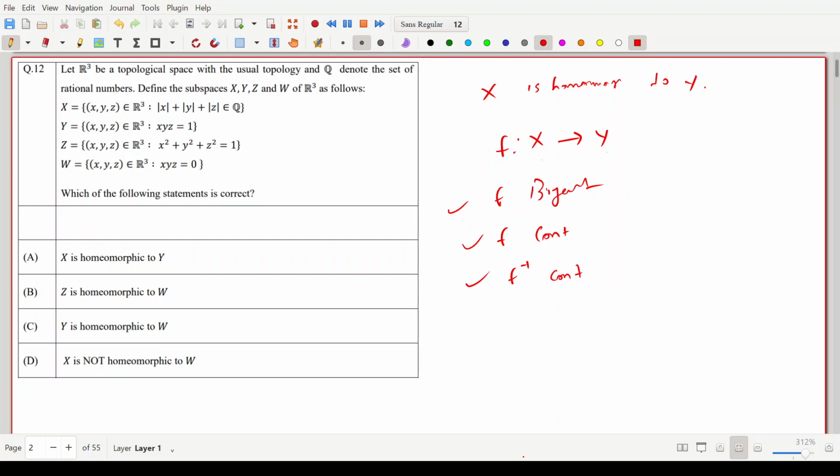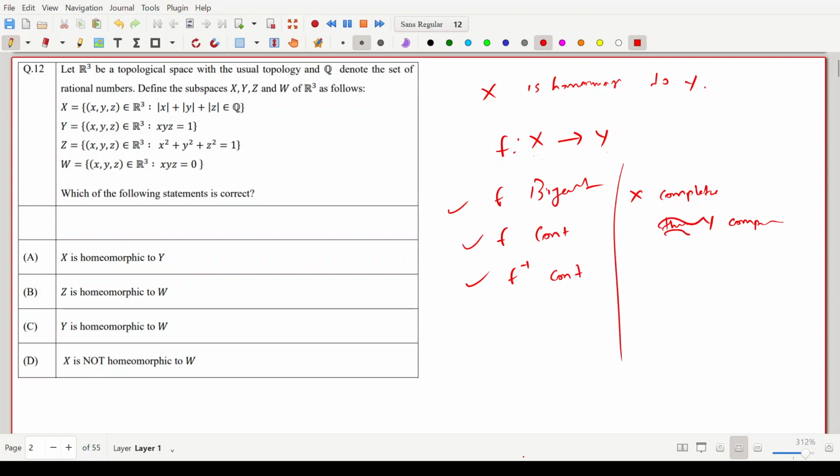Okay, now what are the benefits if the sets are homeomorphic? If the two sets are homeomorphic, there are some properties, that is homeomorphic invariants, that they satisfy. That means if x is complete, then y is also complete, and vice versa. If y is complete, then x should also be complete.